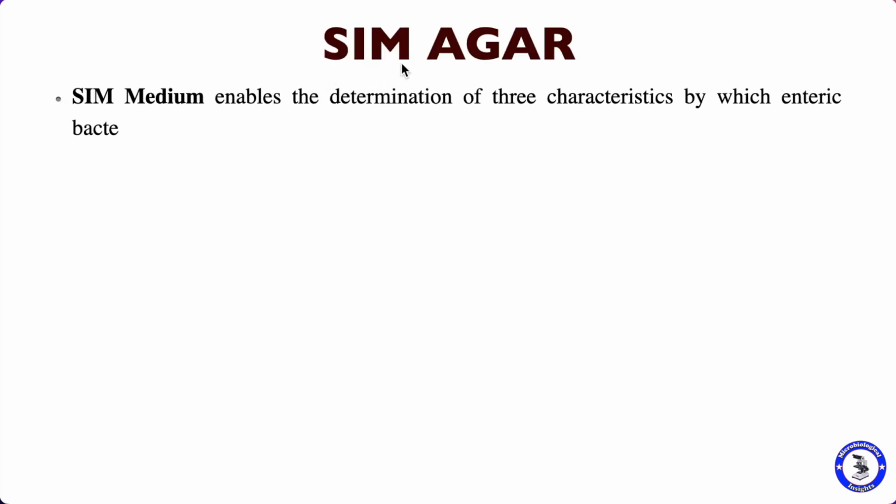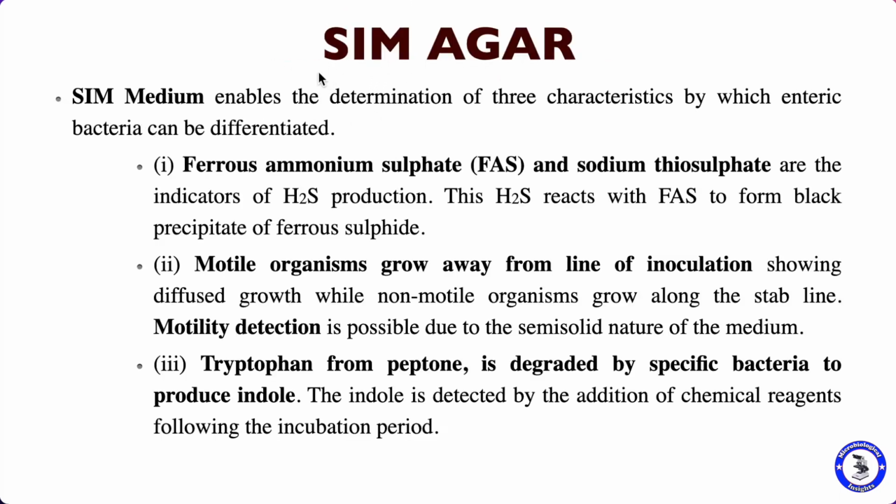We are going to see about the uses of SIM agar, sulfide indole motility agar. We are going to detect the H2S production with the help of this medium. The medium contains ferrous ammonium sulfate and sodium thiosulfate. These are the indicators of H2S production. The H2S reacts with the ferrous ammonium sulfate and forms a black precipitate of ferrous sulfide.